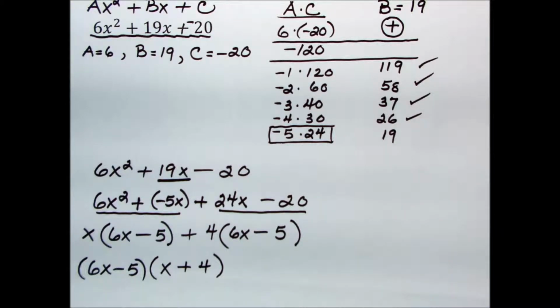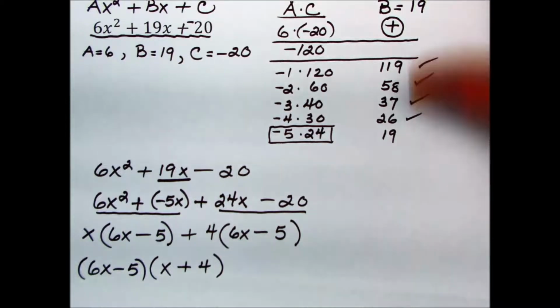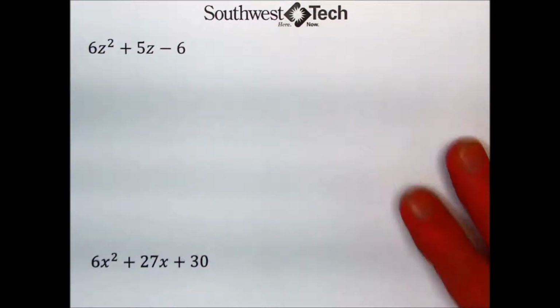We could have gotten there by guess and check, but this is kind of a cookbook method that's going to get us to our answer without fail. Let's look at another one.